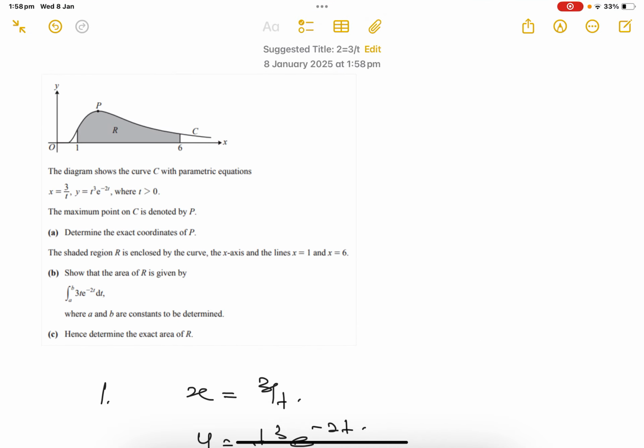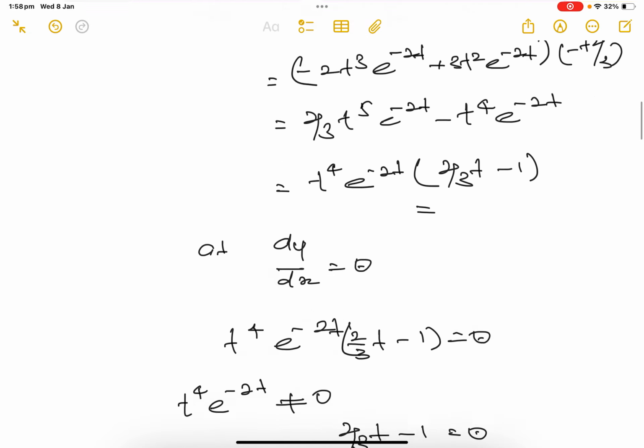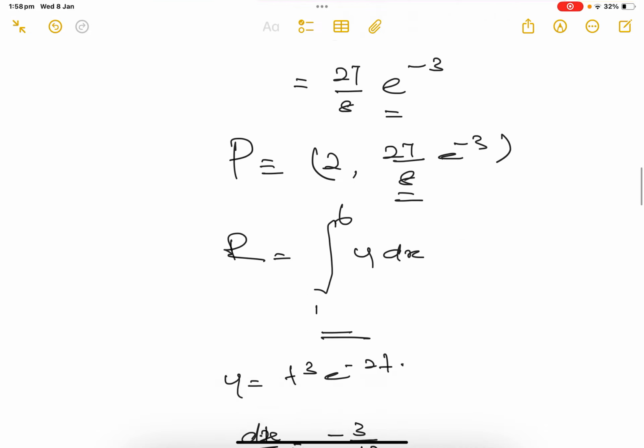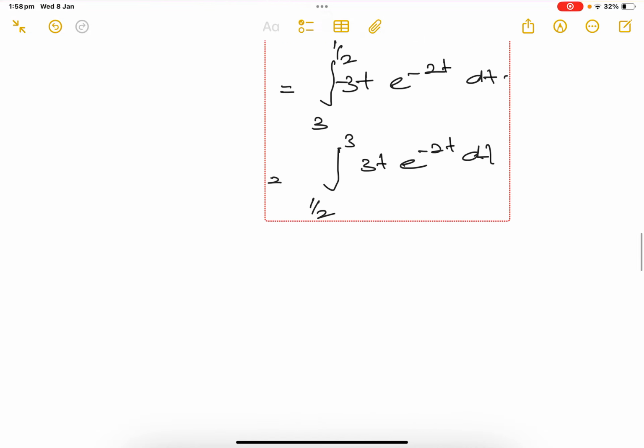Let's look at the question. The region is bounded by the x-axis and x equals 1 and 6, and show that the area of R is given by this. So what we have is almost there.